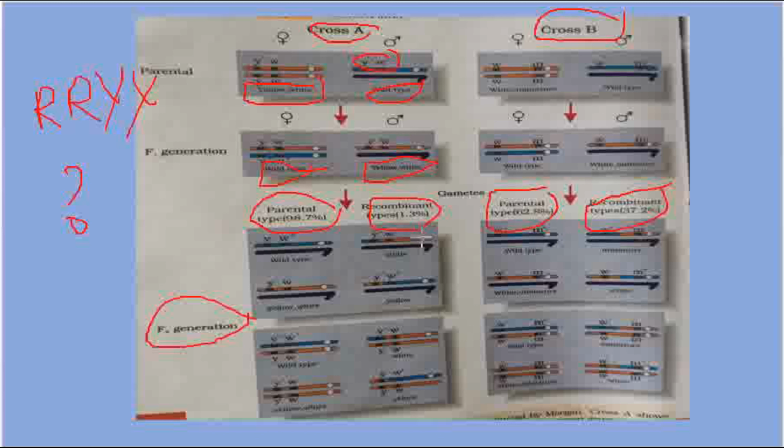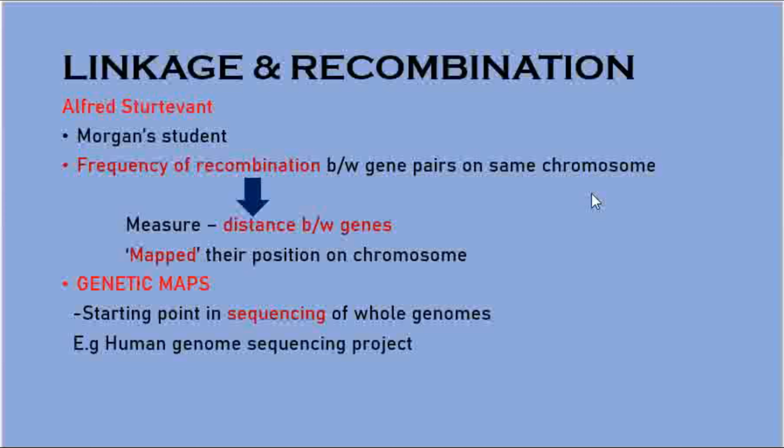But compared to this cross, here we got a high number of recombinants. Okay, because see how the genes are arranged. Here it is very close in these two chromosomes, but here these two genes are far from each other. So the recombination or crossing over is easy for these genes. So that's why we got a high number of recombinants.